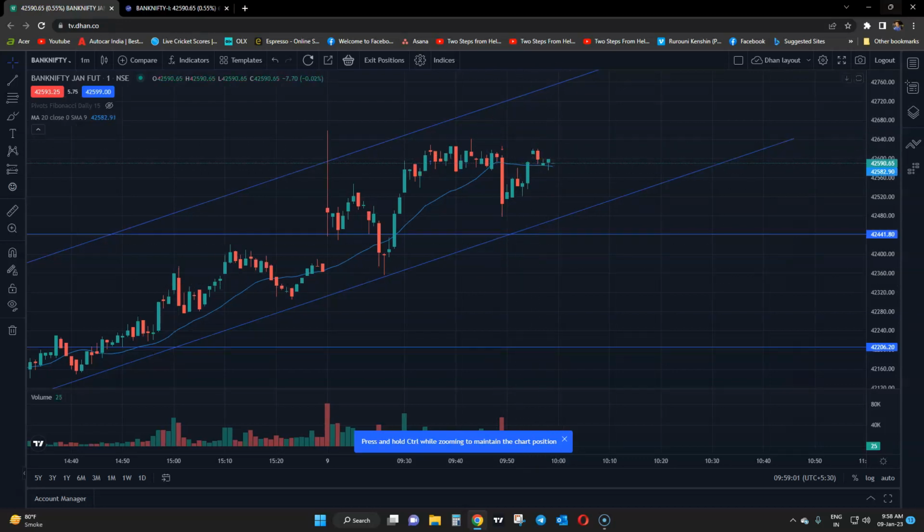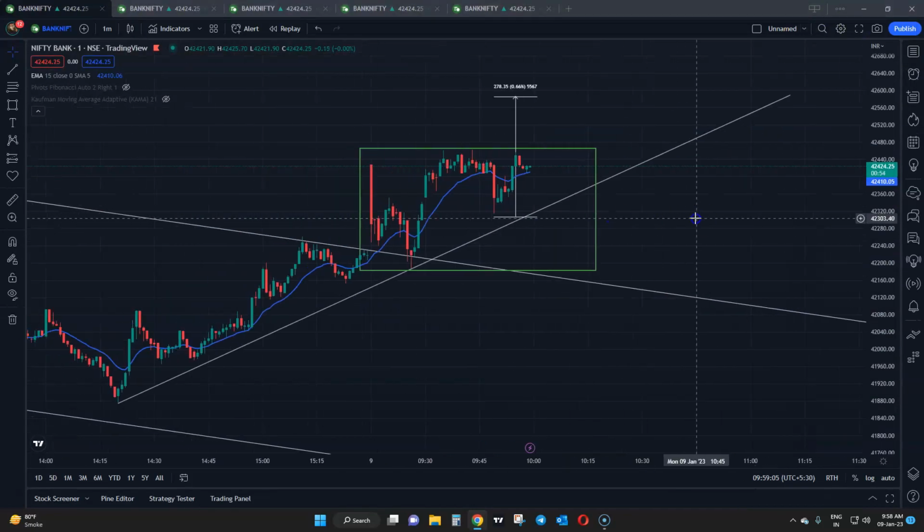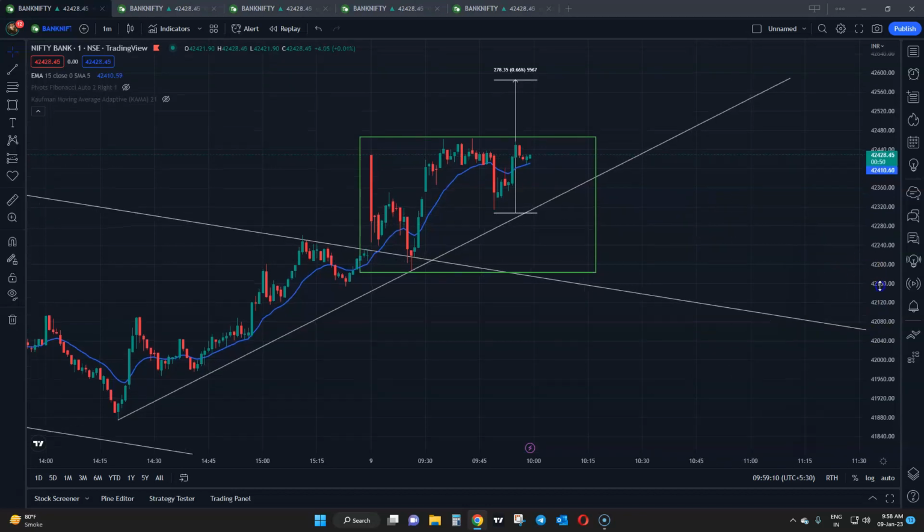Yeah, this is not the most comfortable. Yeah. Look at this. So this is not the futures chart, this is the index chart for options trading. So here we've already crossed this, but no momentum up.